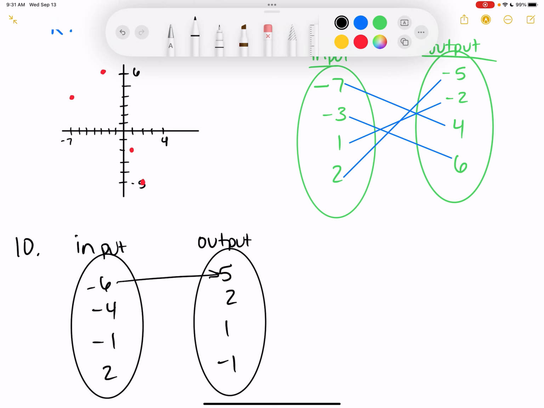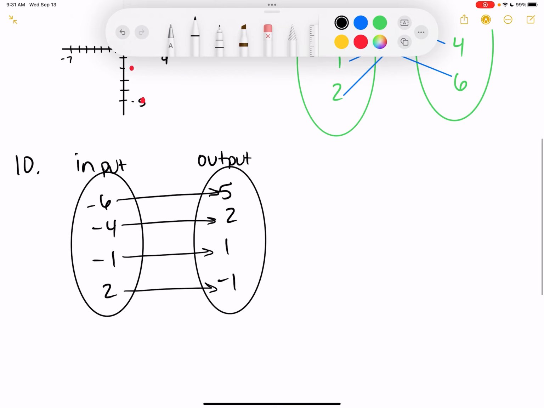And they all just go straight across. And all it wants to know is this a function or not, and why? Yes. Why? Because there's no repeating input. Yep. Each input is only one output. So it is a function.